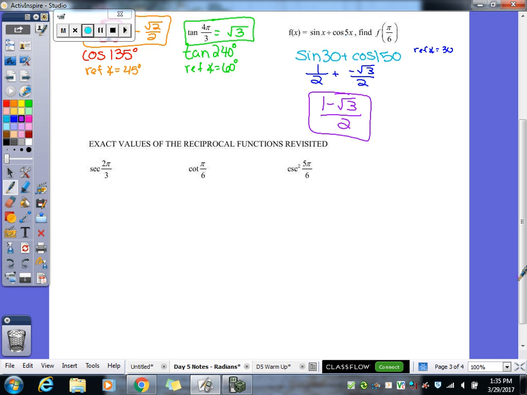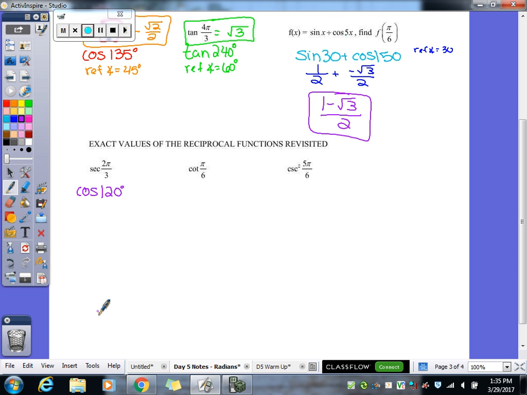So then with our reciprocals, remember, you've got to find the reciprocal and then we've got to flip it. So for secant, we've got to really find cosine. And then we've got to flip the value. So 2 pi over 3, what is that in degrees? 120, yes. So our reference angle is a 60. 120, though, falls in which quadrant?